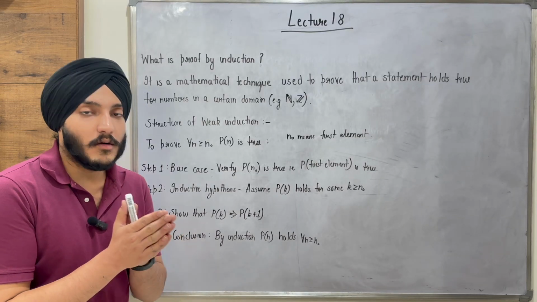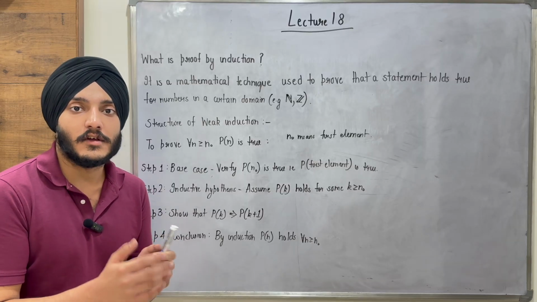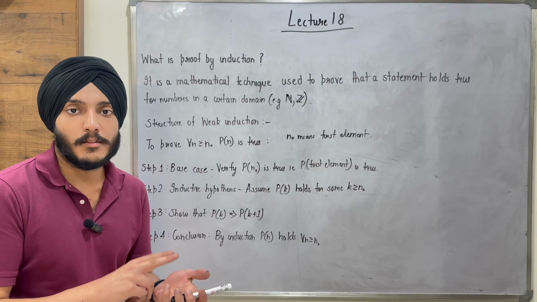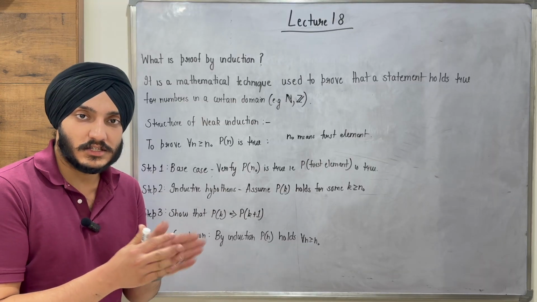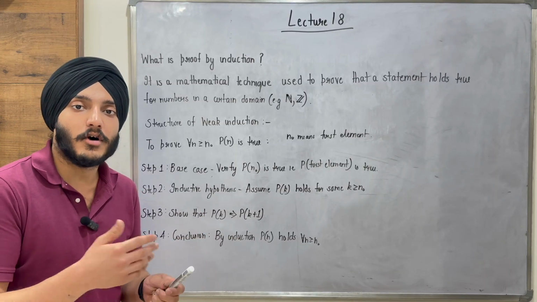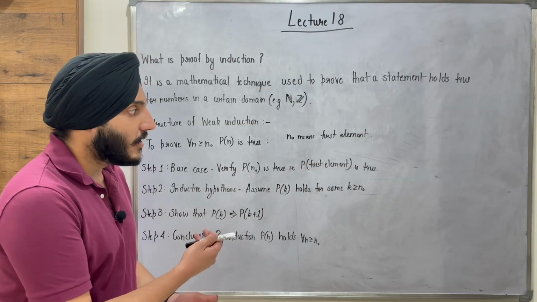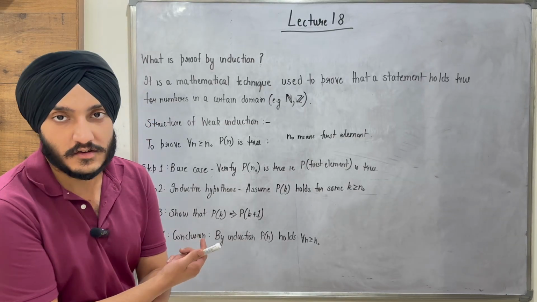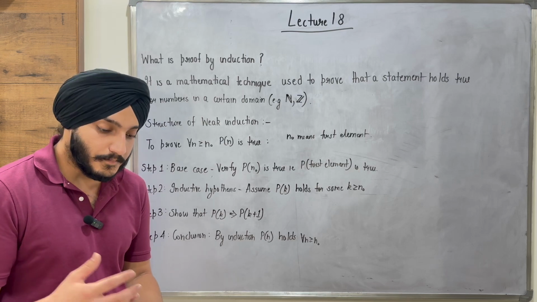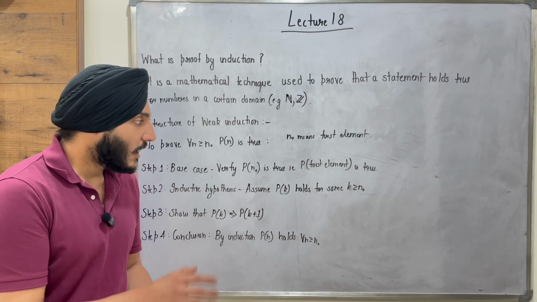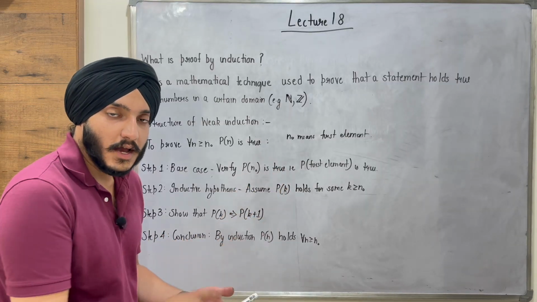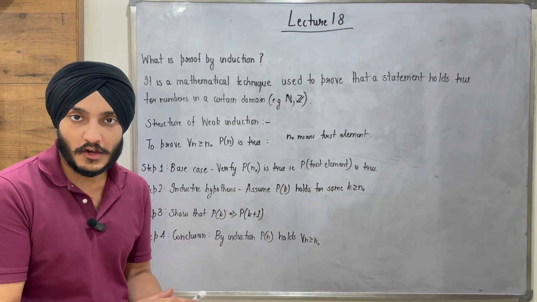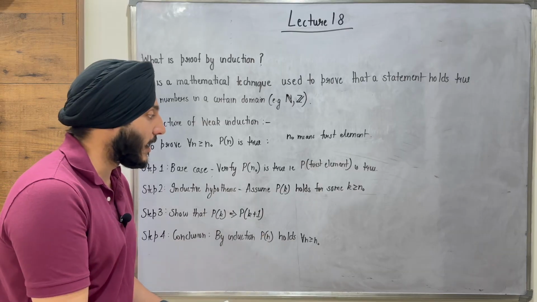Usually the set is the natural numbers or the positive integers, and since both these sets have a certain least value, for natural numbers it is 0 in computer science, and for positive integers it's going to be 1, right? So if the set is natural numbers, then I'll try to prove it for P(0) and then continue ahead, right?